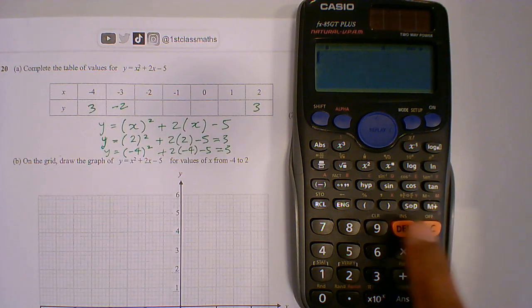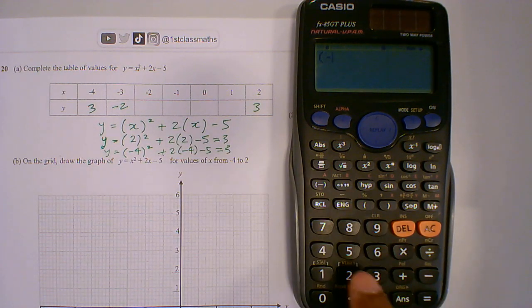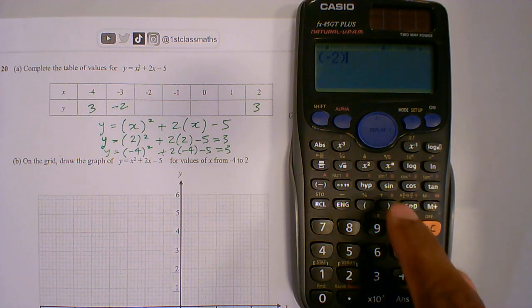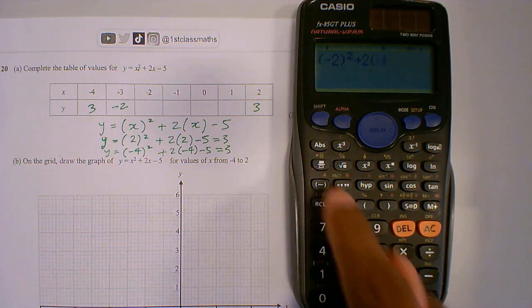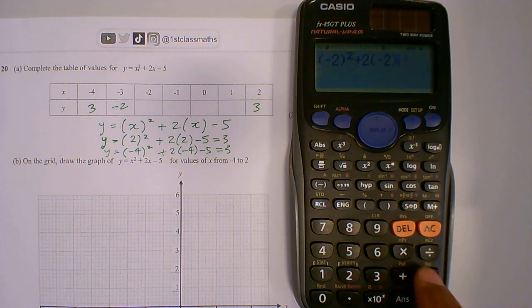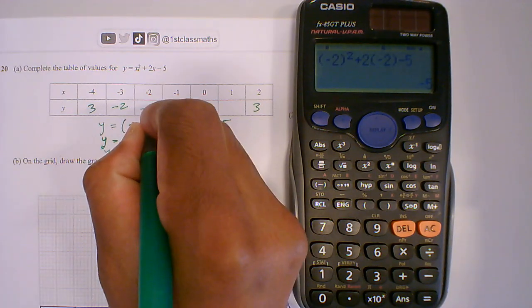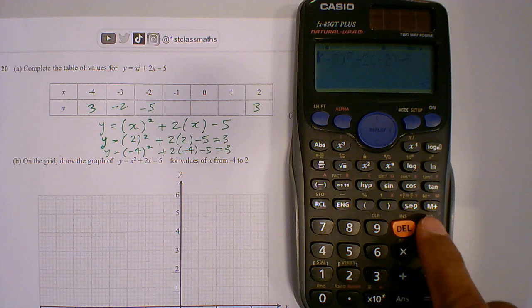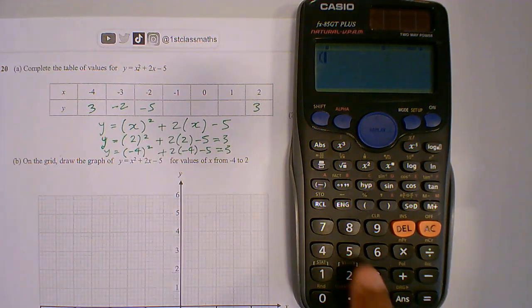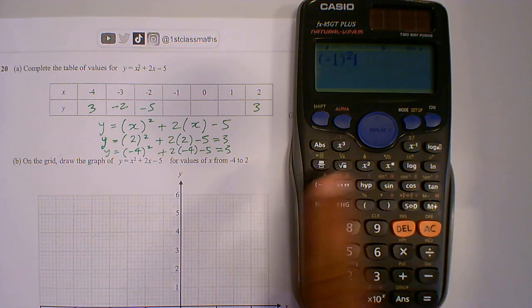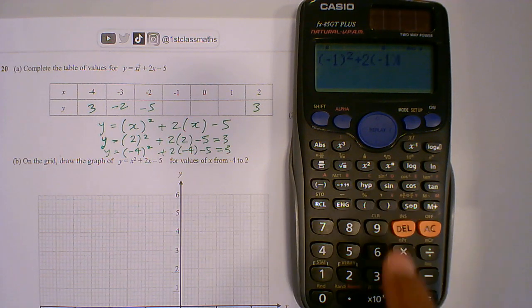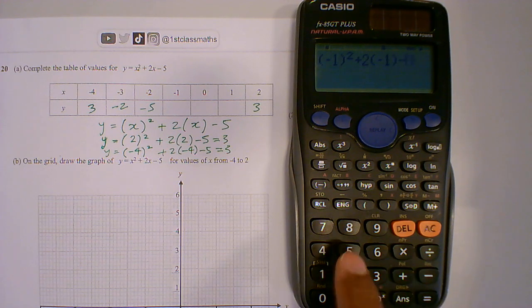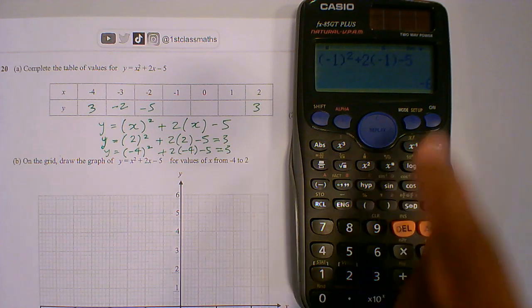Now the next one, bracket minus 2 close bracket squared plus 2 bracket minus 2 close bracket take away 5 gives me minus 5. And the next one, open bracket minus 1 close bracket squared plus 2 open bracket minus 1 close bracket take away 5 equals minus 6.